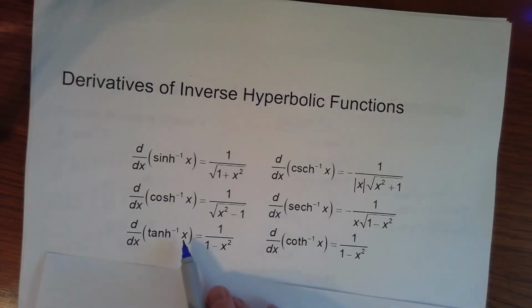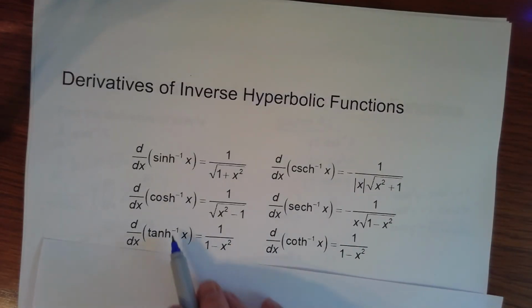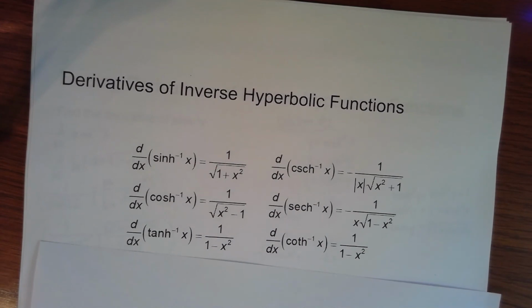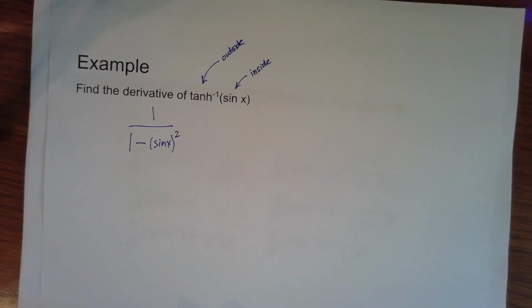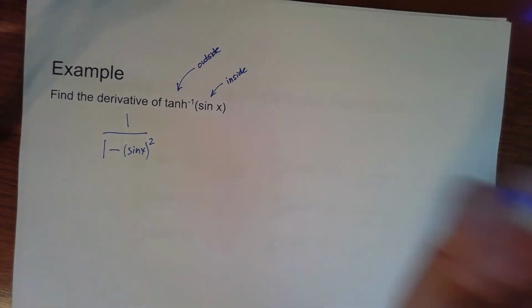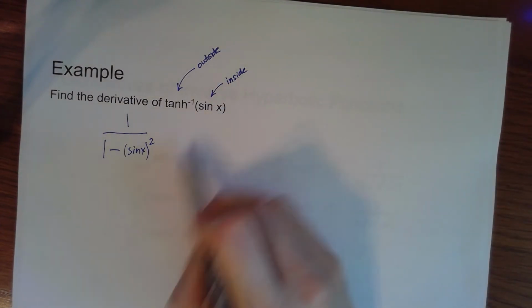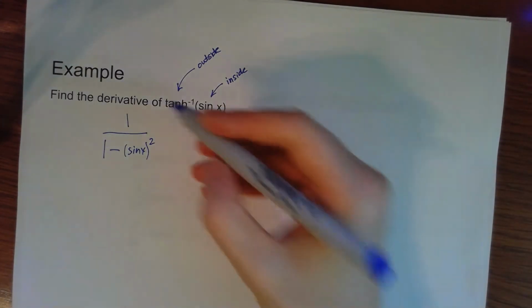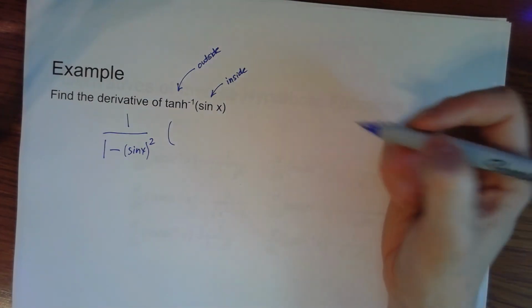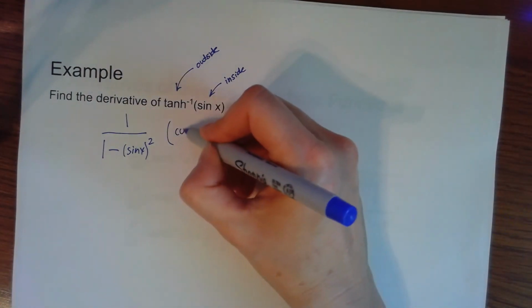Okay, so I'm just taking that sine of x that was the argument to my inverse hyperbolic tangent and putting that in. Okay, and now chain rule says I have to do times the derivative of that inside function. So I need to do times the derivative of sine. The derivative of sine is cosine.